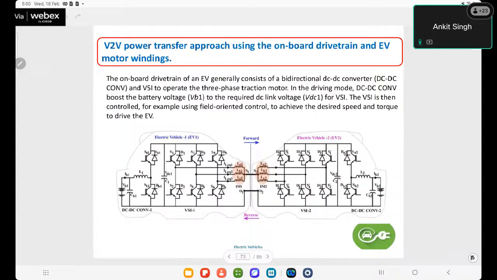So this is another onboard charging solution between vehicle to vehicle. In one vehicle there will be a battery and in another vehicle there will be another battery. Through this particular connection, we can transfer energy from one vehicle to another vehicle.